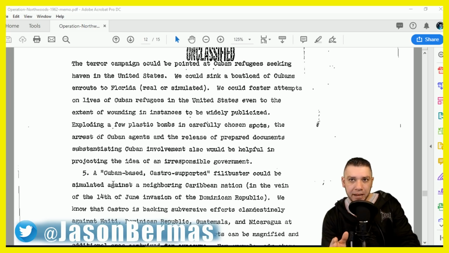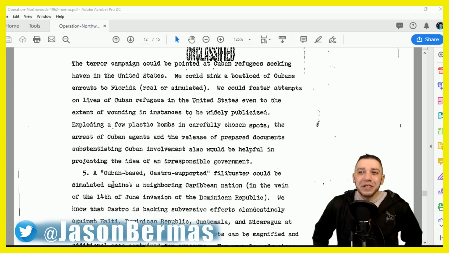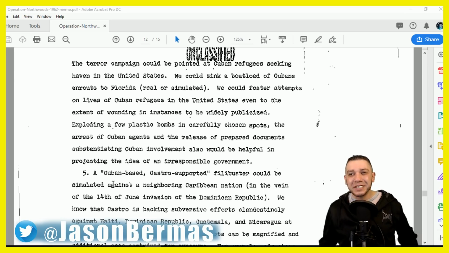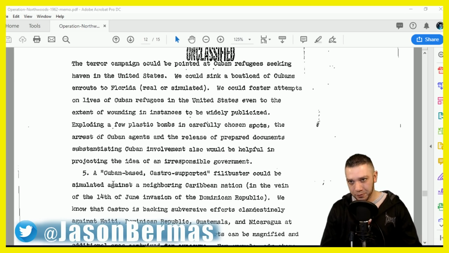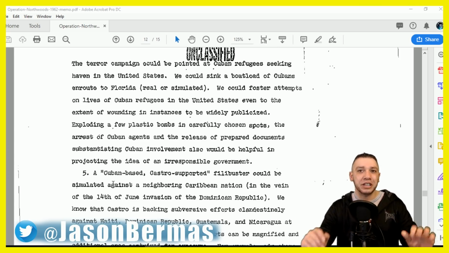The terror campaign could be pointed at Cuban refugees seeking haven in the United States. We could sink a boatload of Cubans en route to Florida, real or simulated. So this is where the nitty-gritty starts to come in. You understand? This is how much they care about human life. Remember, they were going to have mock funerals and simulations and indignations through printed names?